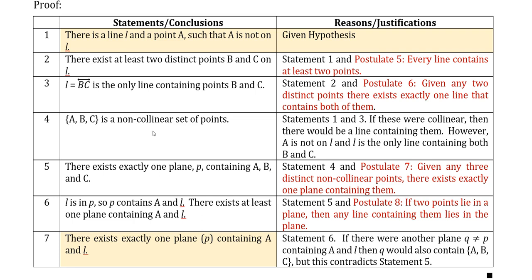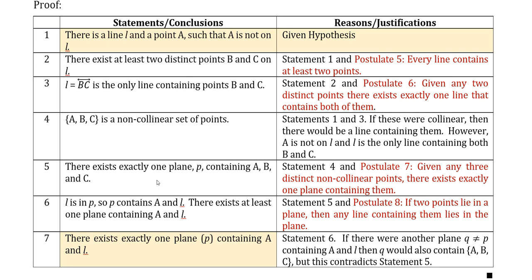Now that we have a set of 3 noncollinear points, we can use postulate 7. So statement 4 goes with postulate 7 as our next reason. Given any 3 distinct noncollinear points, there exists exactly one plane containing them. So our conclusion is there exists exactly one plane, let's call it P, containing points A, B, and C.